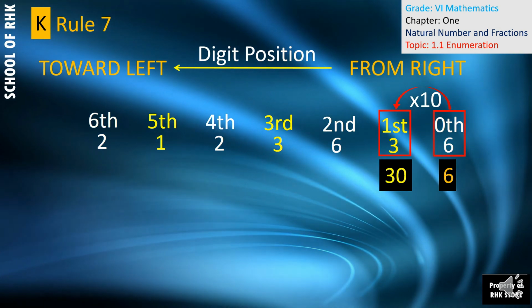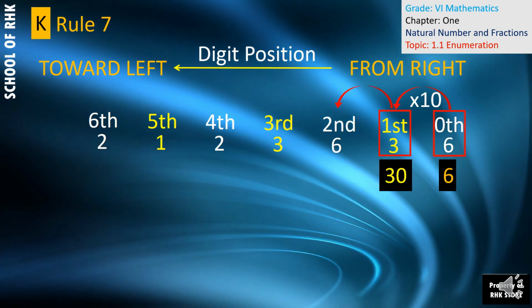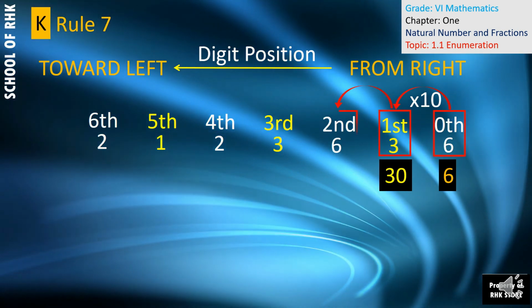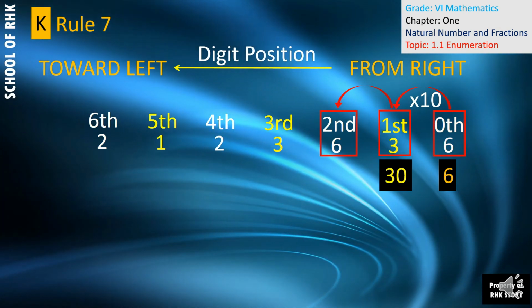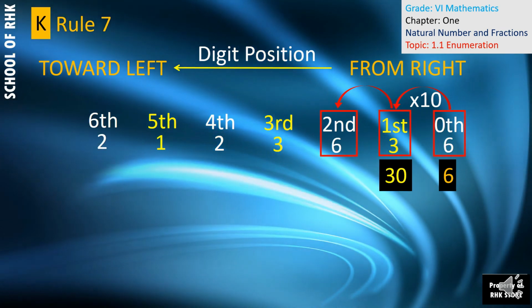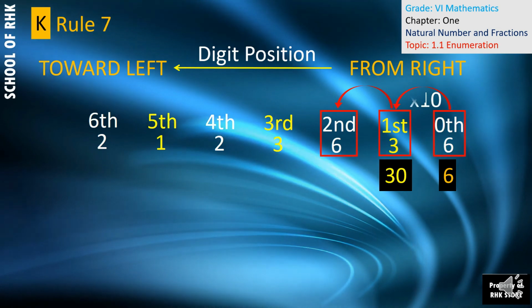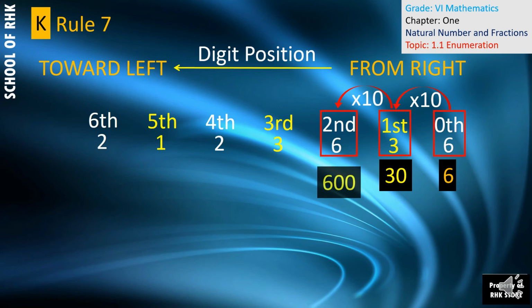The second position digit on the left is 6. The second digit 6 will have its own or intrinsic value 6, but because of the second position, the place value will be 6 multiplied by 10 multiplied by 10 equal to 600.